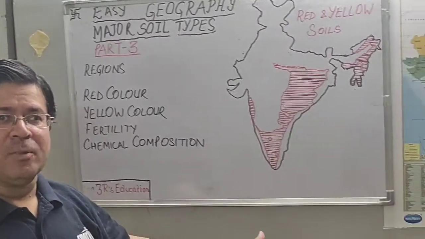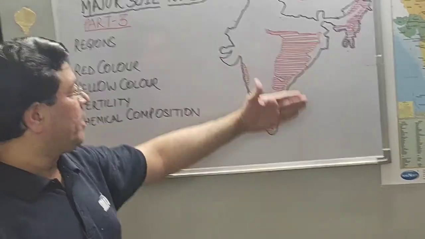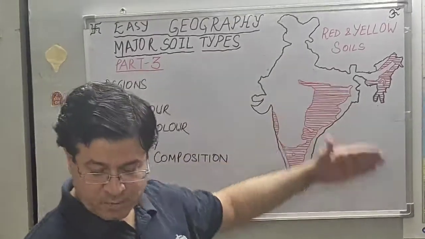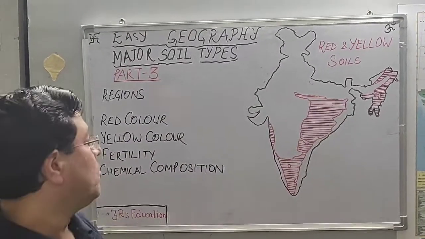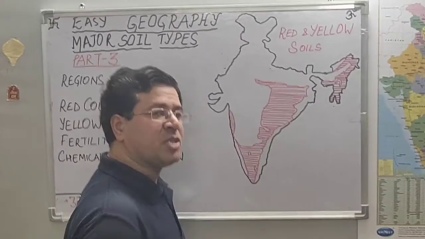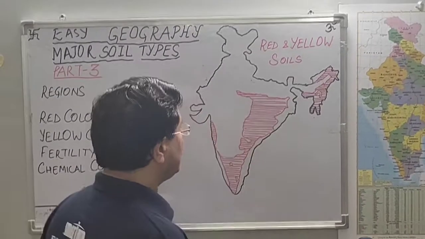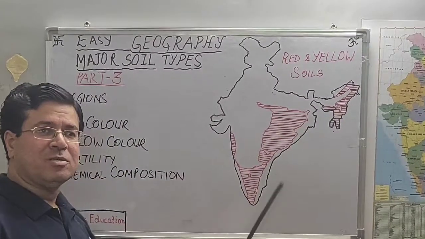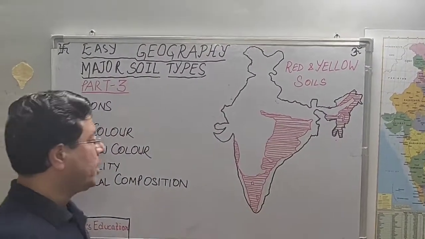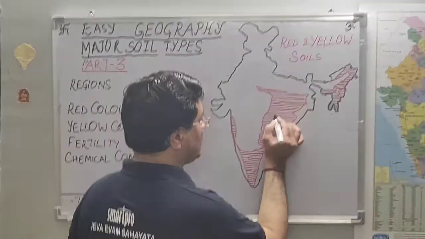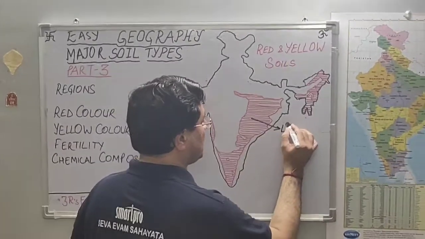Friends, look at the map of India, the areas where red and yellow soil is mainly found. One by one, we'll see in which areas it is located. This is the Deccan Trap region, this is the Deccan Plateau region, and this part is the Eastern Deccan Plateau region.